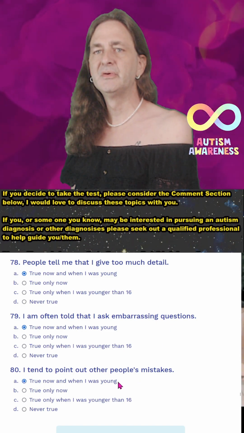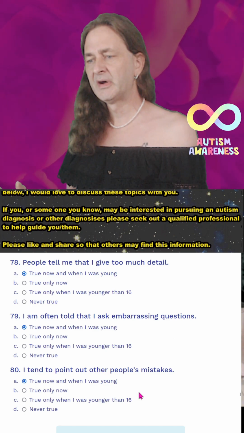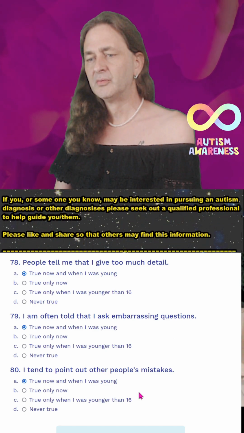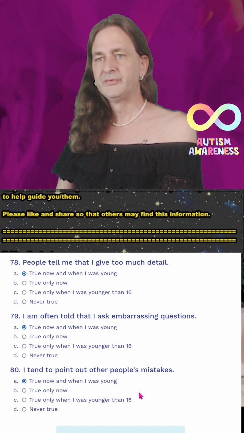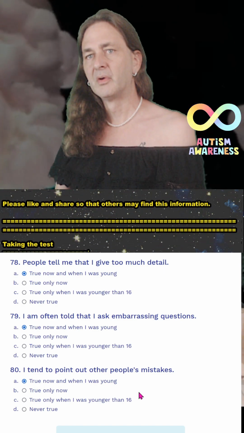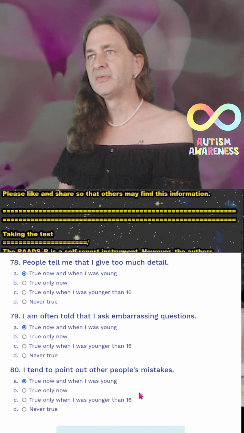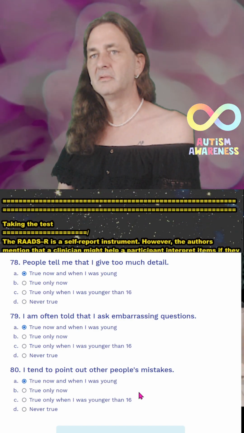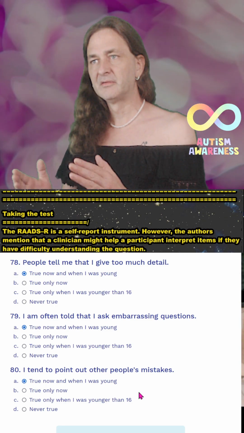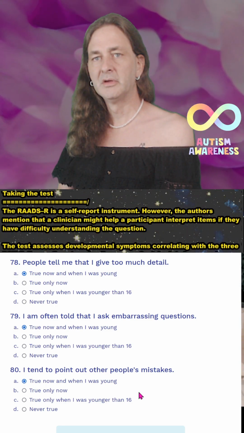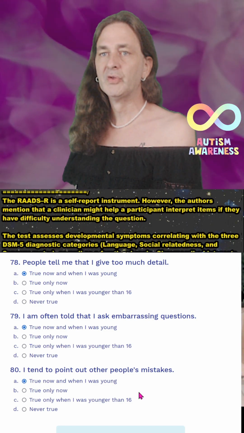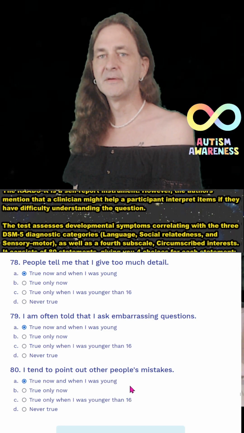This is true now and when I was young, and it's not like ridicule or trying to belittle people. It's just about that's not correct. As an autistic person, I have almost an OCD-like thing about correctness and what's true and factual. I have a big problem with lies and stuff like that.